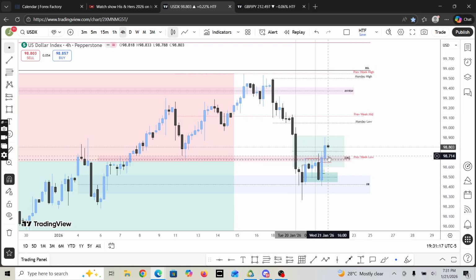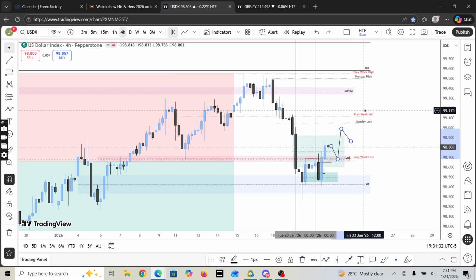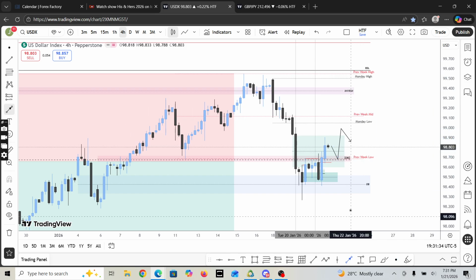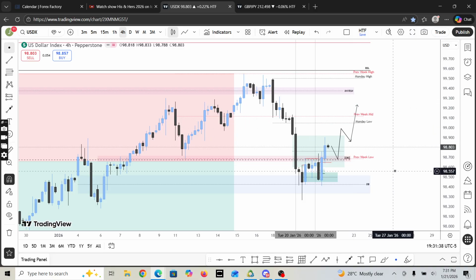I would love to see price do this, trade to this level, and then use this to trade back in, right? And then from here, I want to see this. This is what I'm sort of looking for, right?